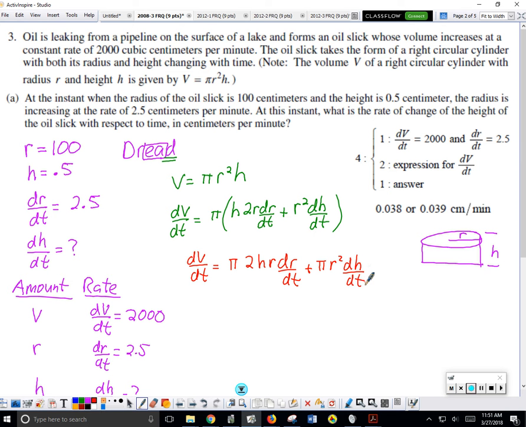Trying to get dH/dt alone, that means dV/dt minus pi 2hr dr/dt, all divided by pi r squared. That will equal dH/dt.